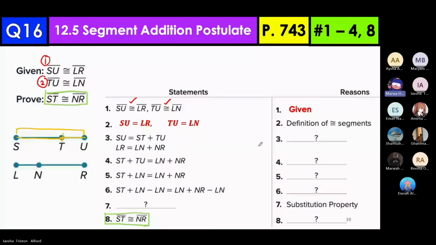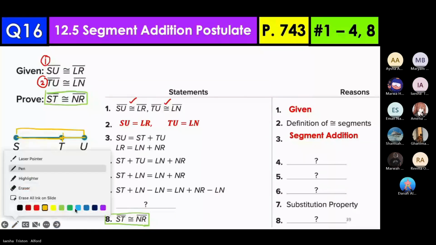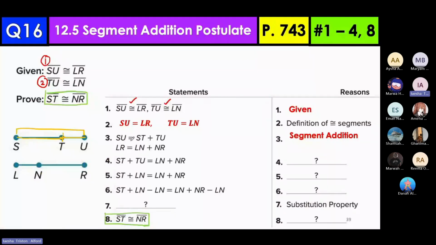Then you write segment addition. What is the next thing? We have ST plus TU is equal to LN plus NR. Nothing in the line before talks too much about that.